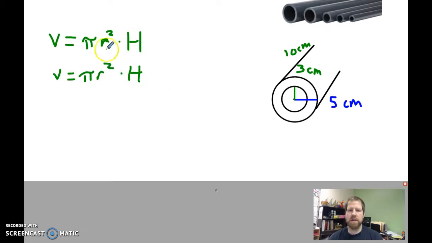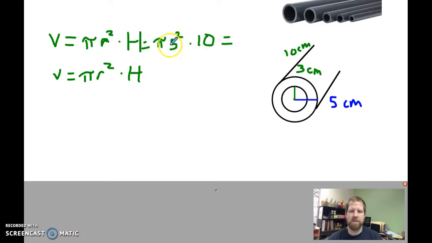So what I'm going to do is calculate the total cylinder, okay, the outside, the whole pipe, as if it was a solid bar of steel. Okay, so my radius for the total is 5, right, because I'm trying to find the whole thing. So I'm going to have pi times 5 squared times 10 centimeters, which is going to be my height.